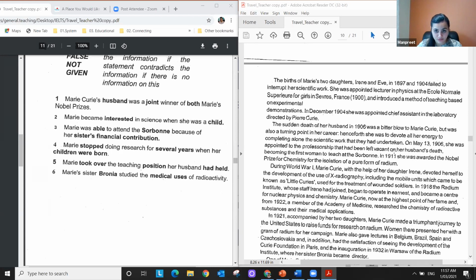Yeah, she was appointed to the professorship that had been left vacant on her husband's death. So that means she held the teaching position of her husband. Same thing in different words. So the answer is true. Well done, Andrea. Good. How about number 6, everybody? Mary's sister Bronia studied the medical uses of radioactivity.